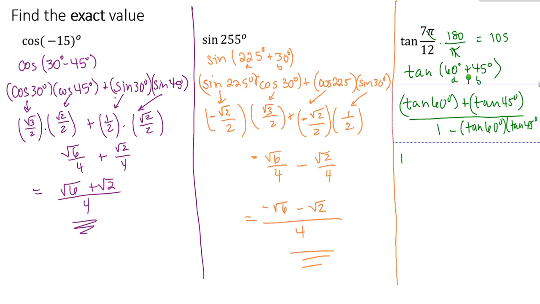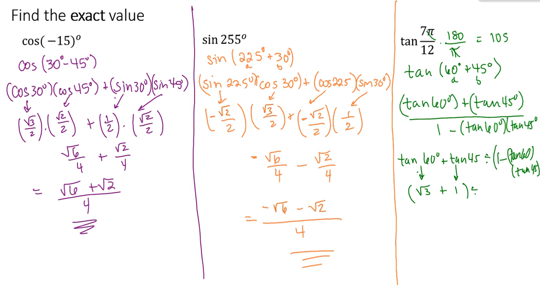All right, here's the top, tangent of 60 plus tangent of 45. For 60, it's just square root of 3 plus, this guy's 1, that's nice, divided by 1 minus tangent of 60 times the tangent of 45, divided by 1 minus square root of 3 times 1.